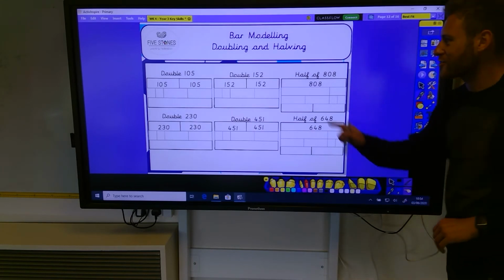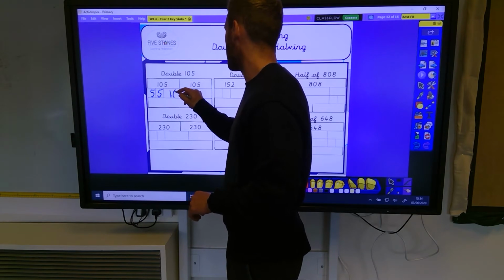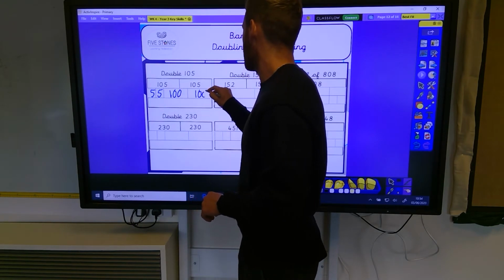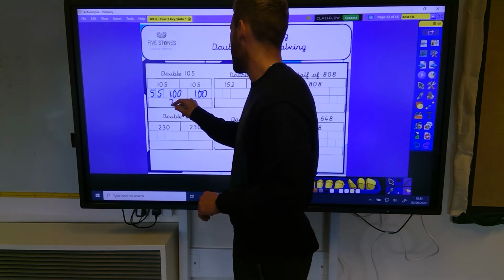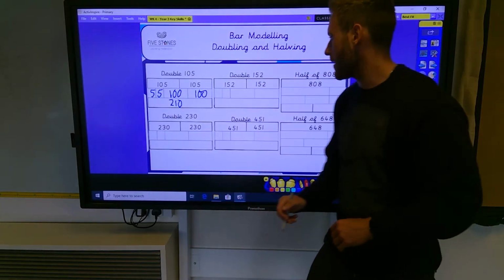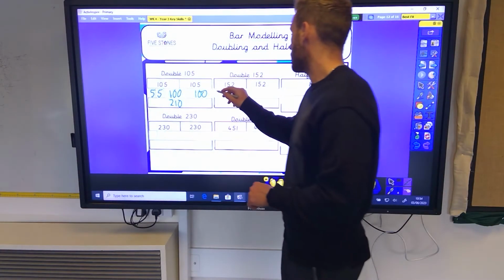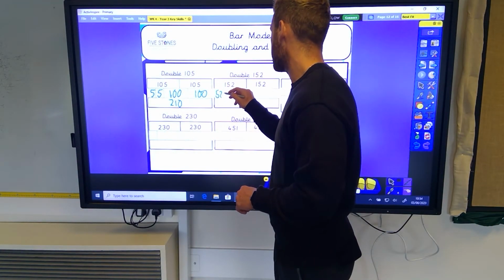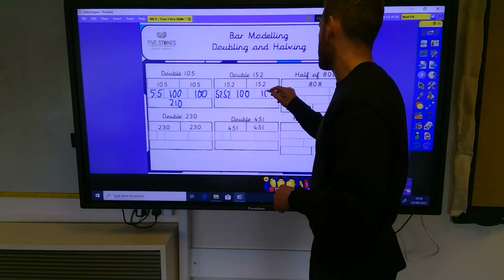Right, let's have a little look. So double 105, double the 5, double the 100, 100 and 200, 210. Fantastic, because we know 5 and 5 is 10. Double 152. So what are we going to partition into? Oh, we're going to go 52 and 100.